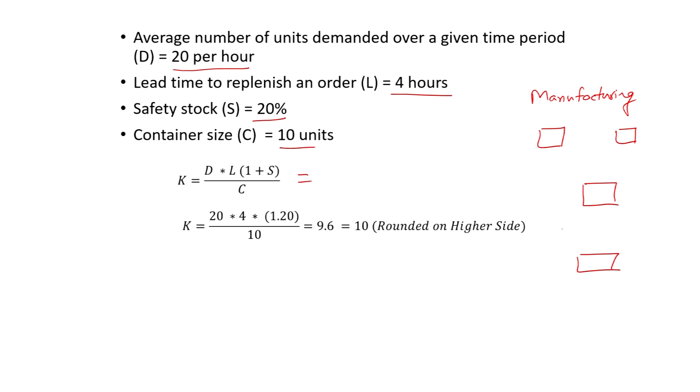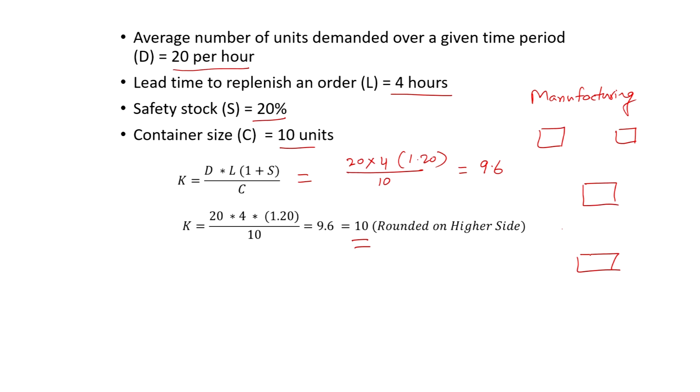So, number of Kanbans required: D is 20 units per hour, lead time is 4 hours, safety stock is 20%, and divided by container size 10. So, this is 9.6 which is equivalent to 10. So, I need to have 10 Kanban cards here for this particular situation.